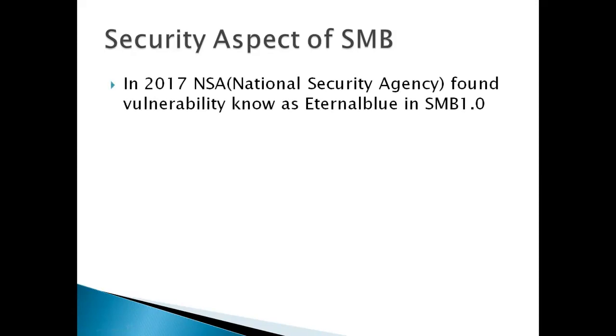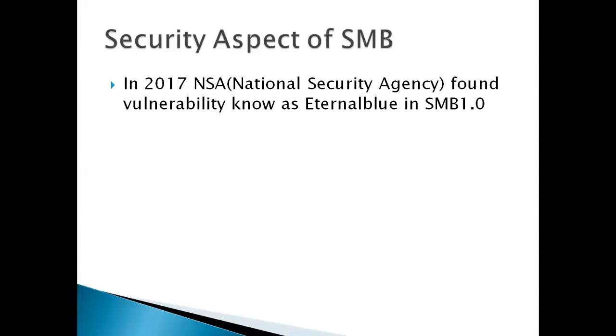In 2017, the NSA, National Security Agency, found a vulnerability known as EternalBlue in SMB version 1.0, and this was exploited by attackers to execute their code without the user noticing. The user was not aware of this vulnerability.